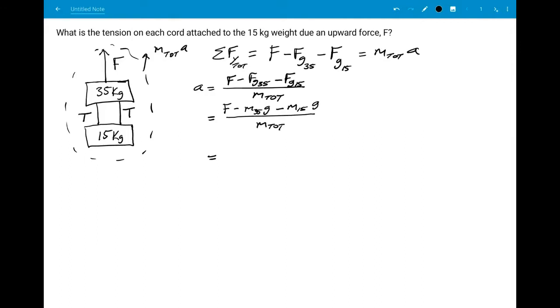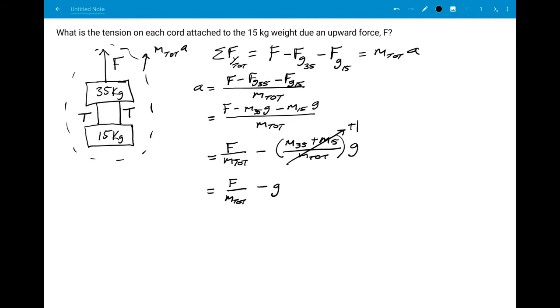If I put the mass total under each denominator, we end up with the force itself divided by the total mass, minus the mass of the 35 plus the mass of the 15 divided by the total mass. Well, that equals 1. In other words, minus 1g. So the acceleration itself is going to be the force divided by the total mass minus g.